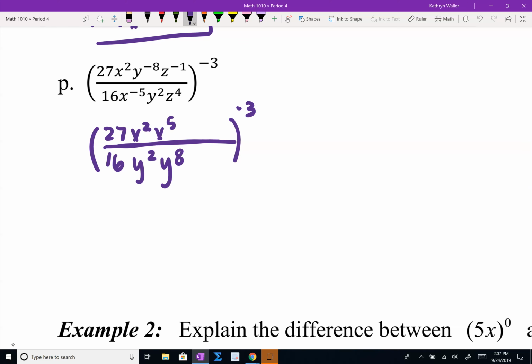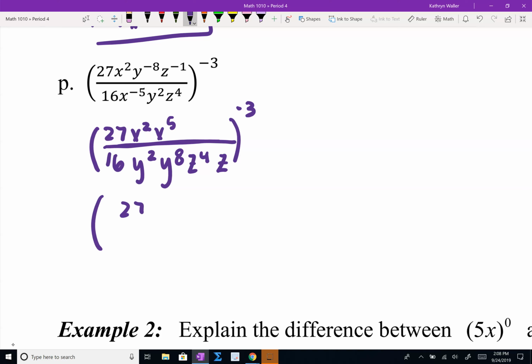On the bottom, you have that z to the fourth, but the z to the negative first comes down. So I just move things. 27 over 16. The only things that go into 27 are 1, which isn't going to help us reduce, and then 3 and 9 and 27. Do 3 or 9 go into 16? No, so it's not going to reduce.